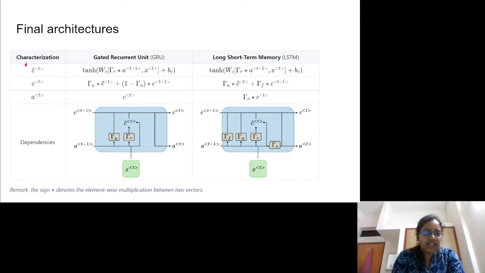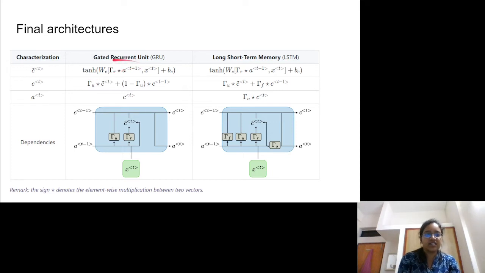So in the final architecture, what do you have? In an LSTM you have a current cell state, you have a normal cell state, you have a hidden state. Inside the current cell state you compute a combination of what you had before and what new you want to learn.